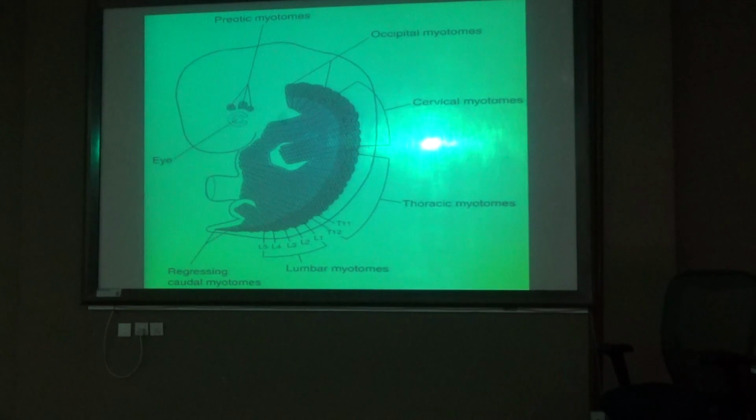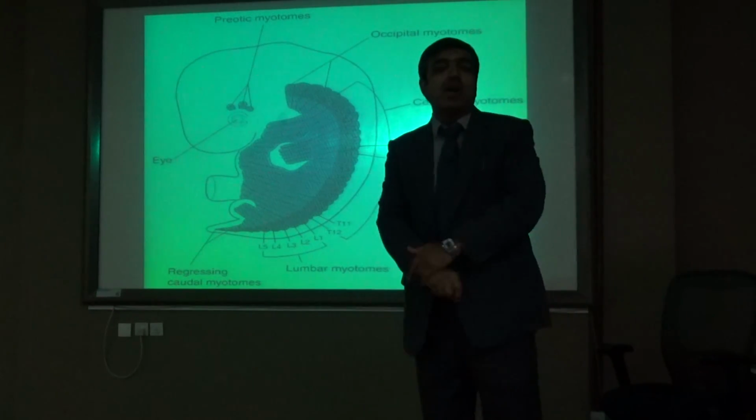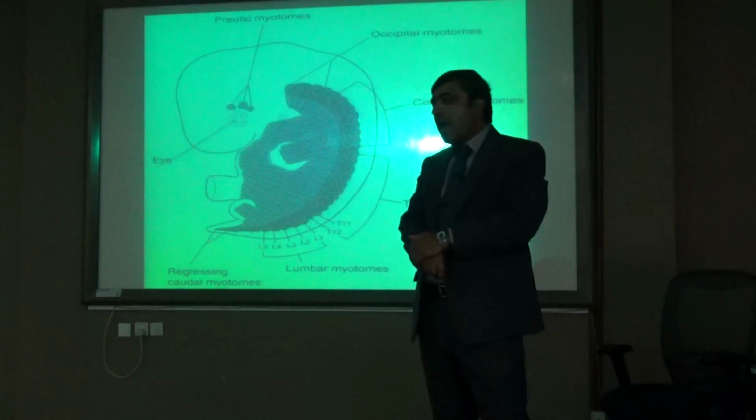This is how, as I explained on your body initially, these muscles incorporate into the body wall. These muscles incorporate into the upper limb and lower limb and in the head region. This explains again why somites are more than the vertebrae we have. Why?